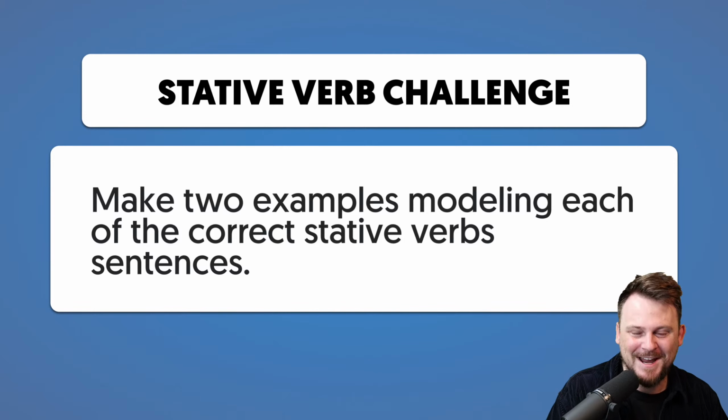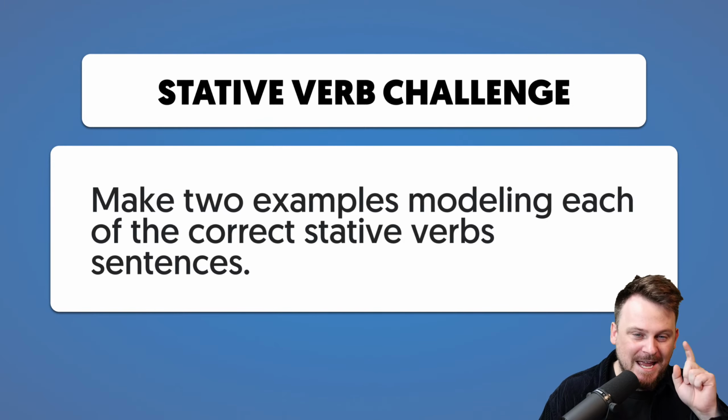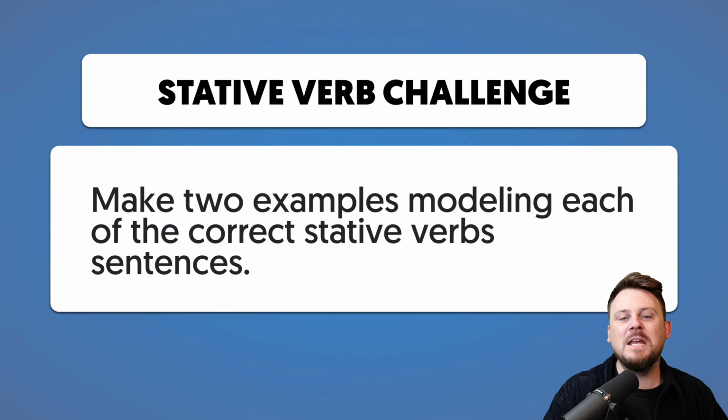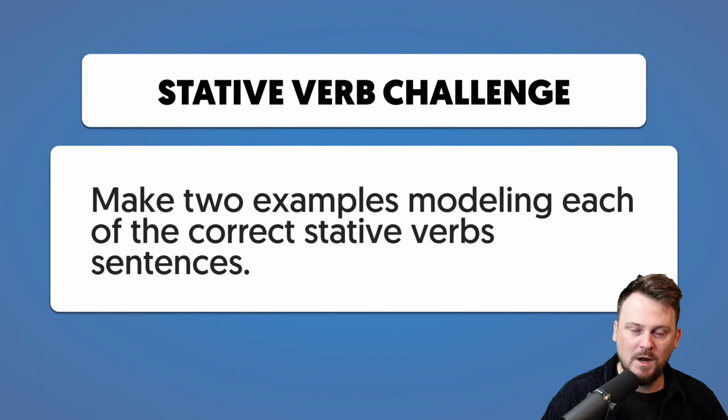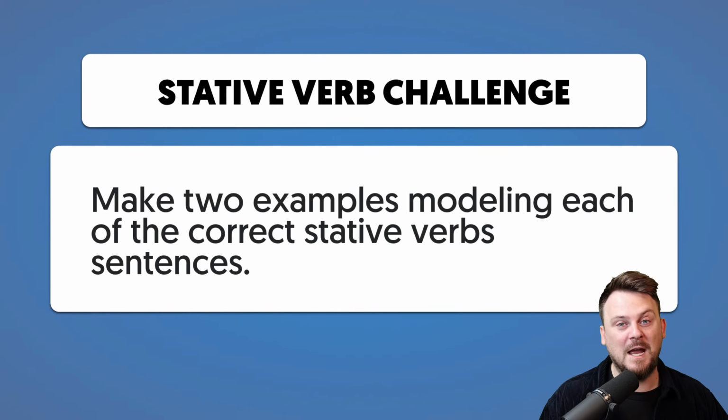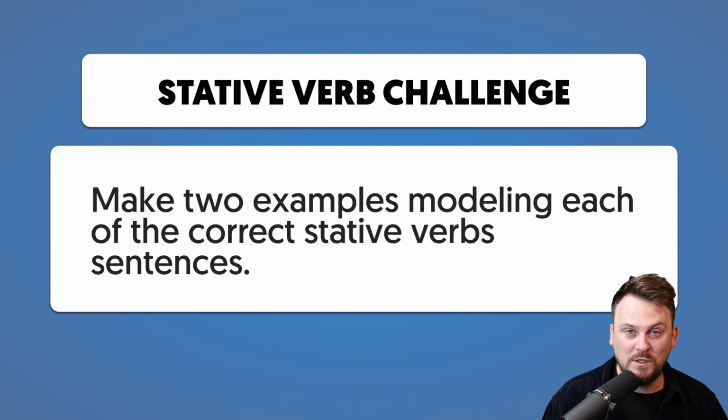That is our condition, right? So what I'd like you to do is make two examples modeling each of the correct stative verb sentences. Take each of the sentences that I went over and make two of your own examples based on that with those specific verbs. I think if you do that, you will have a very intuitive, very natural sense for how to use them naturally, okay?